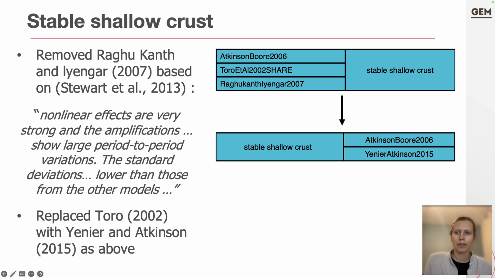They also noted that the standard deviation was a lot lower than for other models, and so for event-based calculations, this might not be appropriate. We also replaced Toro according to the same reasons as before, and so in the end, we have the same logic tree for the stable shallow crust as for the intraplate margins.